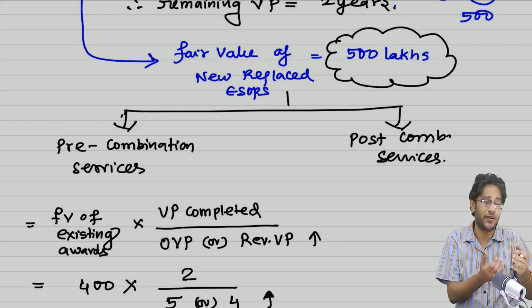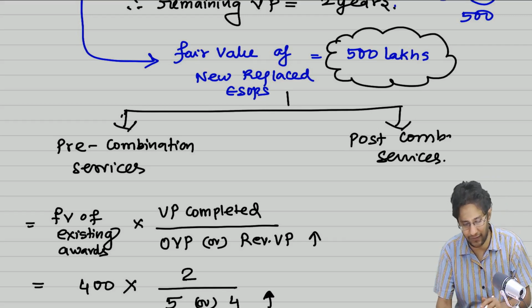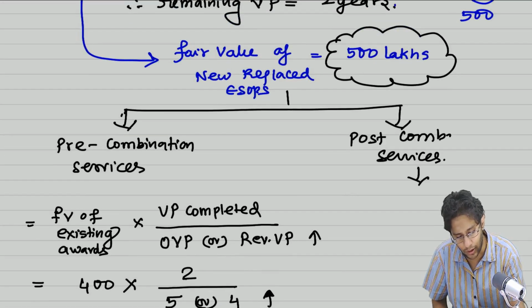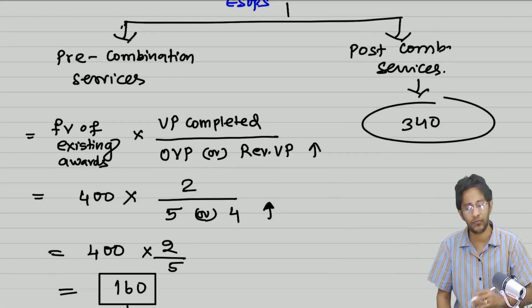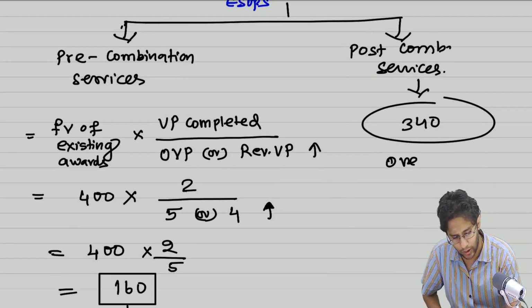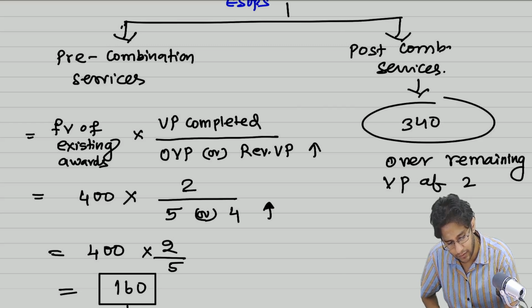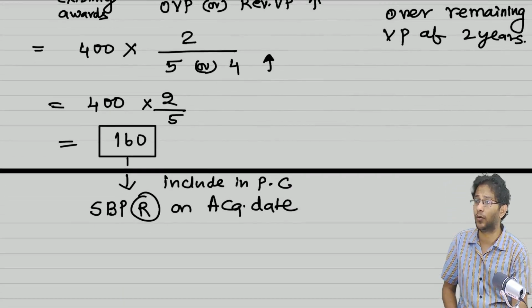Out of that, for the services which the employees have already given till now, towards that we will right away create an SBP reserve of 160. The remaining amount, which is 340, we will create over the remaining vesting period of 2 years. So this is how you have to do it.